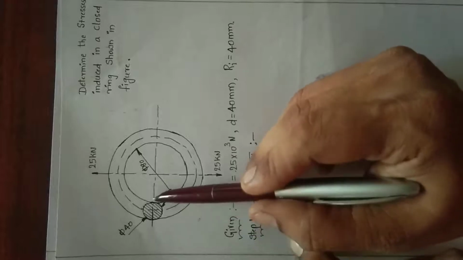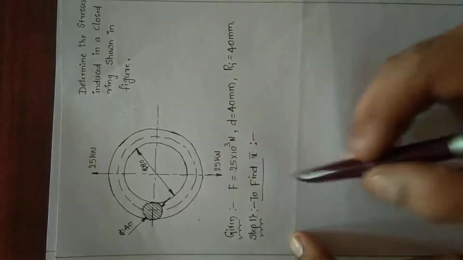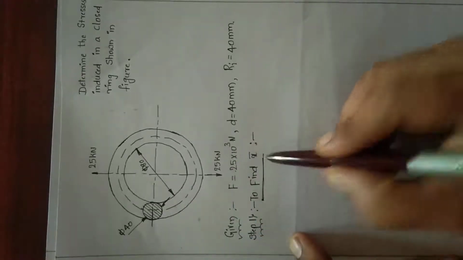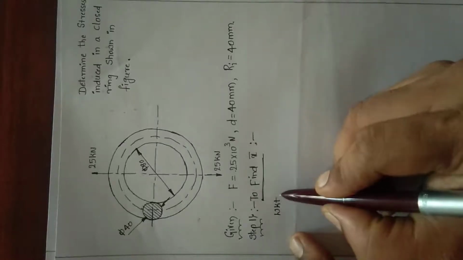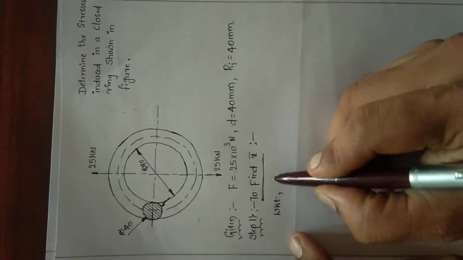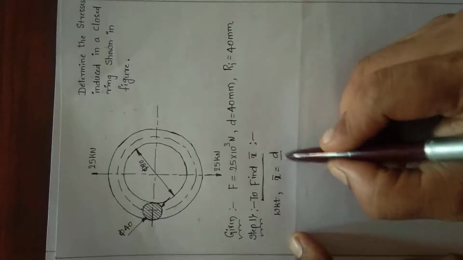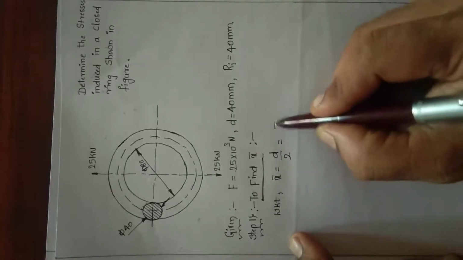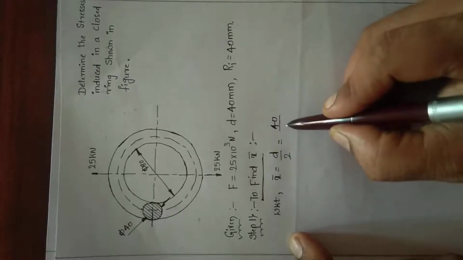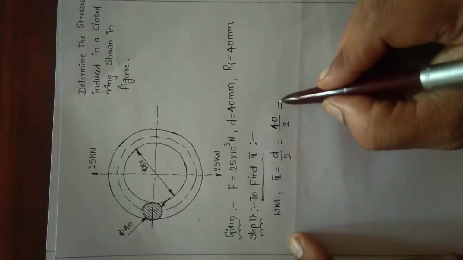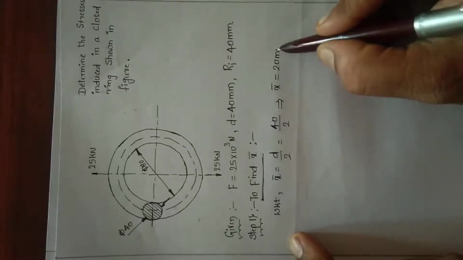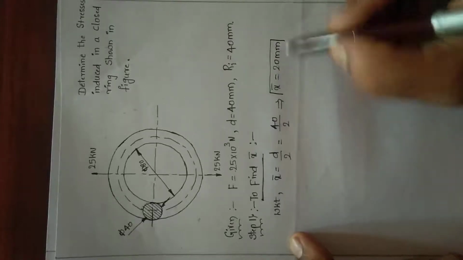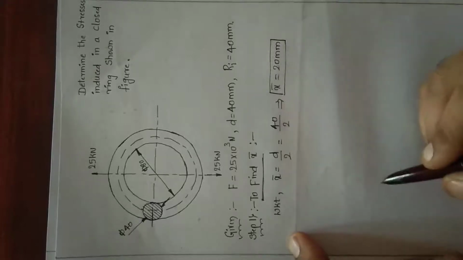So diameter d by 2 gives me the x dash value. x dash is equal to small d by 2. The section diameter d is 40, so 40 by 2 implies x dash will be 20 mm. So I got x dash, a very simple problem.